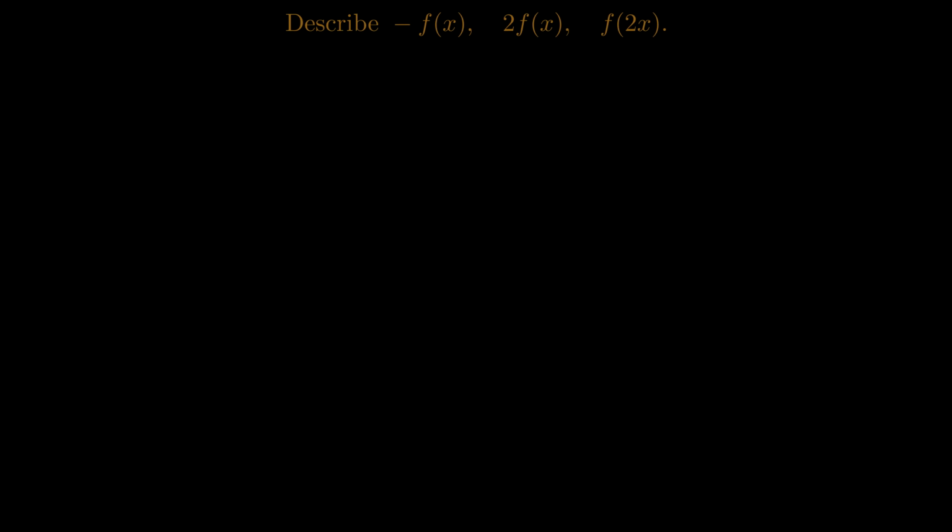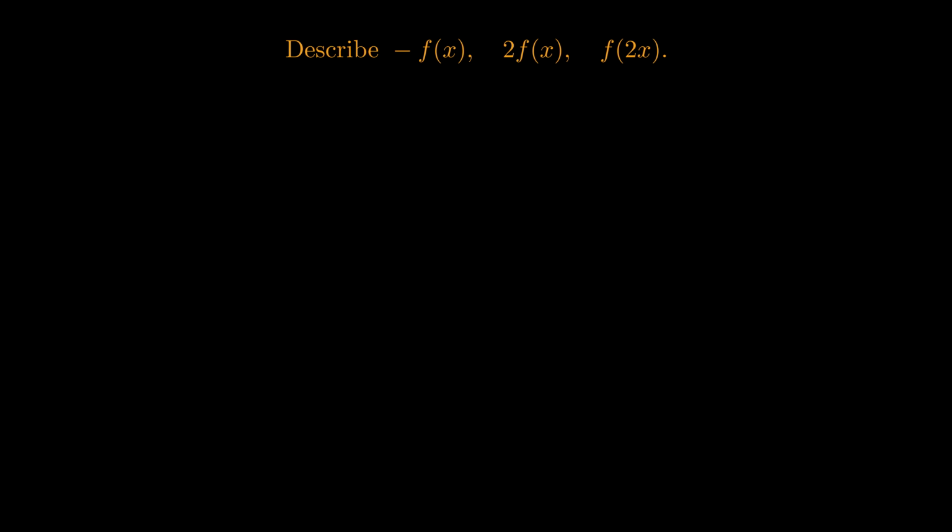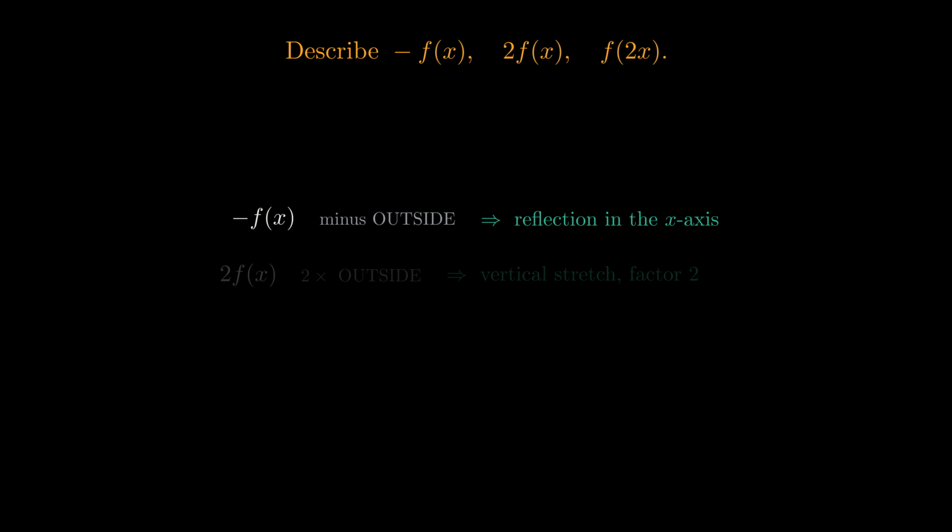Describe minus f of x, 2f of x, and f of 2x. These are the reflection and stretch types. Minus f of x. The minus is outside, so it reflects in the x-axis. The hill becomes a valley. 2f of x. The 2 is outside, multiplying y, so it's a vertical stretch of factor 2, twice as tall. And f of 2x.